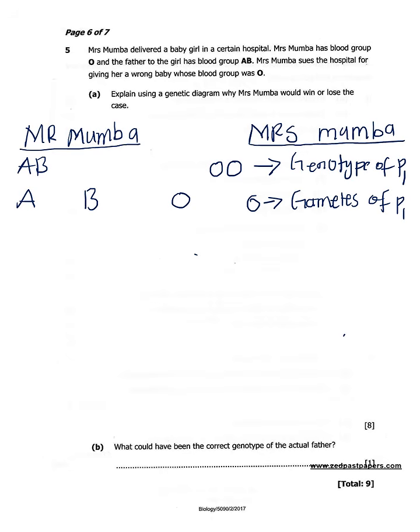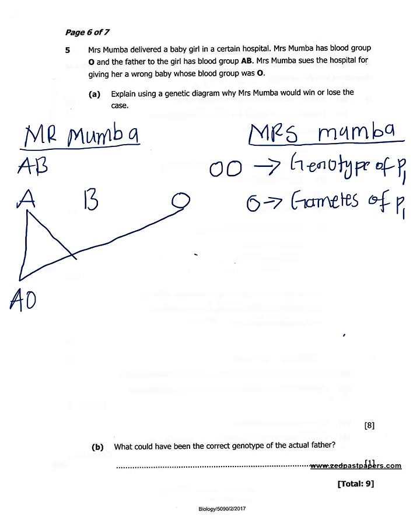Now let's draw this genetic diagram. Here we can see the chance of this couple having a child with blood group A who is heterozygous.